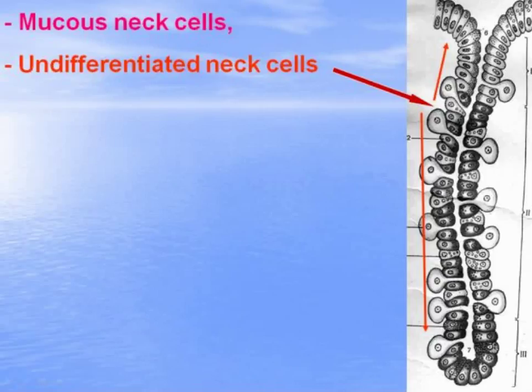Mucous neck cells and undifferentiated neck cells are very important cells, which consist of stem, proliferating, undifferentiated cells. They divide by mitosis, and young cells slide on the basal membrane in two directions. If they go to the surface, they replace the surface epithelium. During 5-7 days, it is completely replaced.